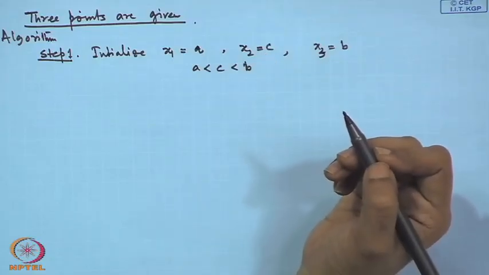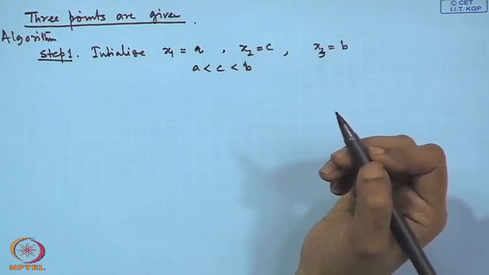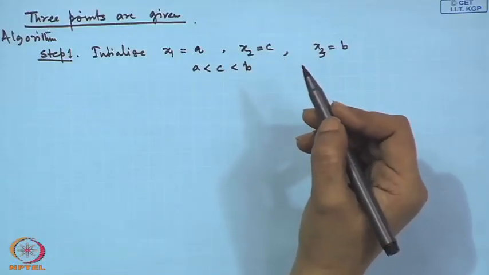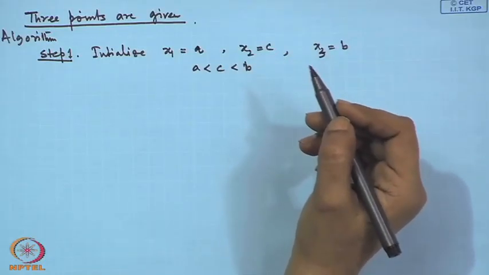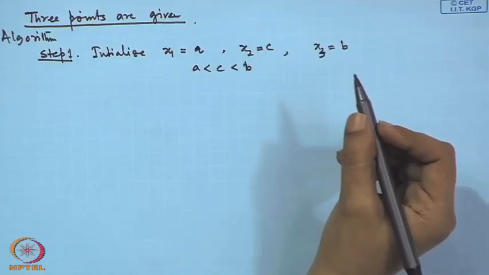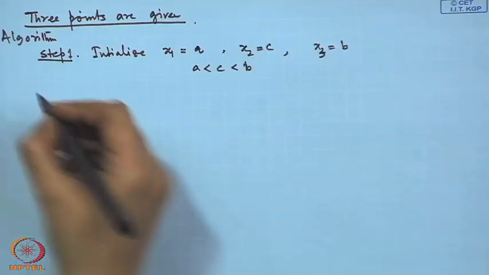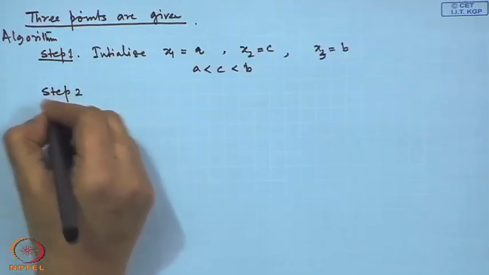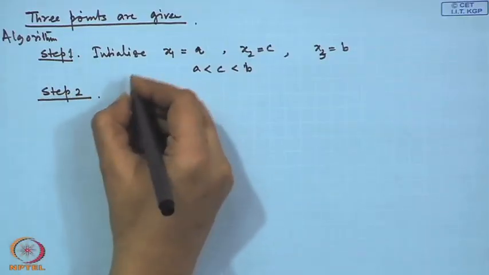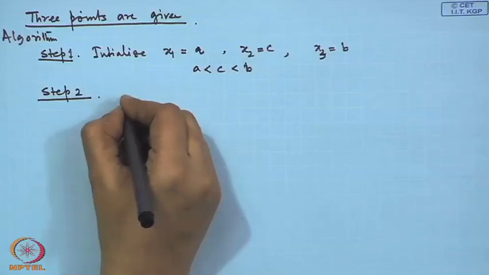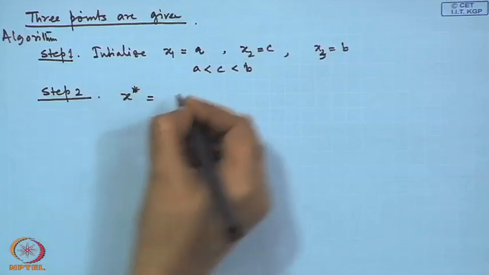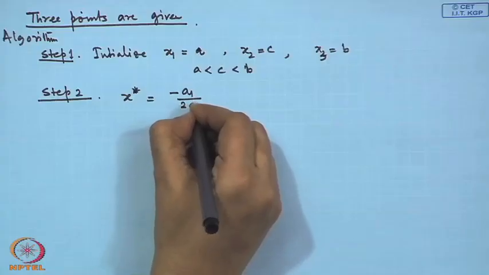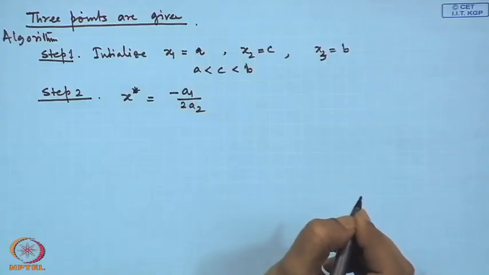Now, selection of C is very important, because if C is far from the optimal value, then we need to do more iterations. If C is rightly selected, then we will get the optimality very quickly. We will move to the next step. We will calculate the value for x star as minus A1 by 2 A2, all right.